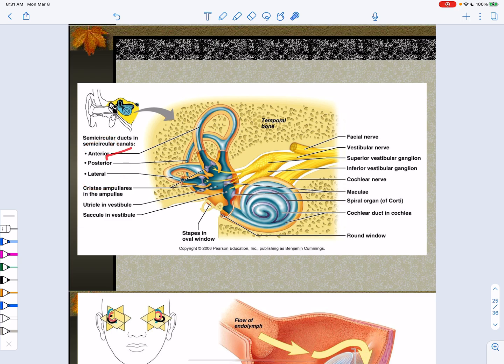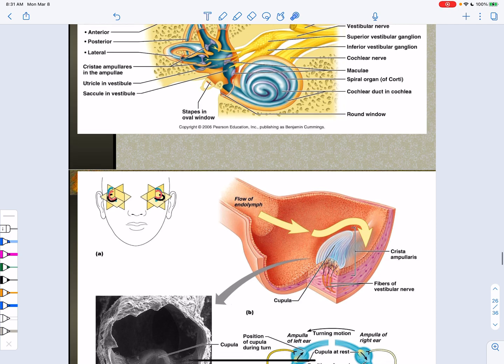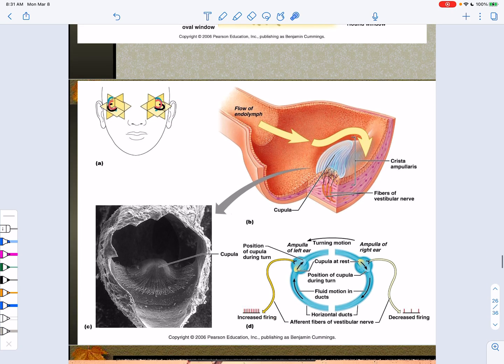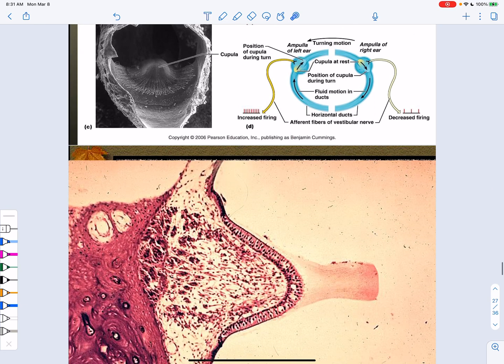So anterior, posterior, and lateral. And inside, there is lymph, endolymph. Lymph is a fluid. Remember, we talked about our lymph nodes. We talked about that lymph fluid a little bit in our bodies. And that fluid is going to circulate through the semicircular canals.